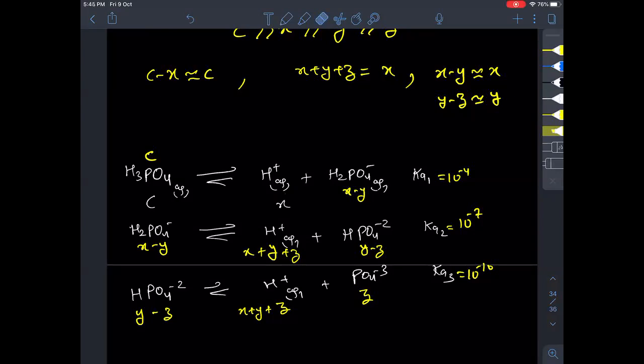We can write in place of this as simply x. We can write here x, and this will be again x.